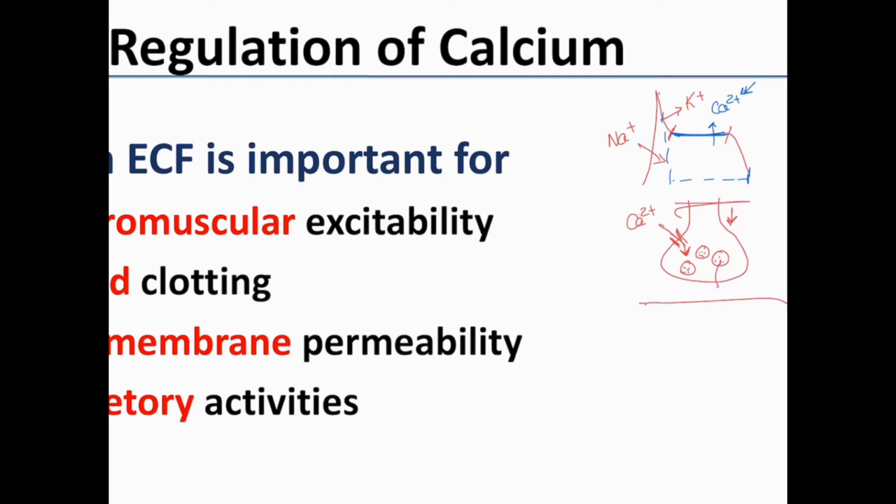And those neurotransmitters will be responsible for conducting the signal to the muscle cell. So you see on here, calcium did play a major role in the conduction of the signal from one nerve cell to another and from one nerve cell to a muscle cell.